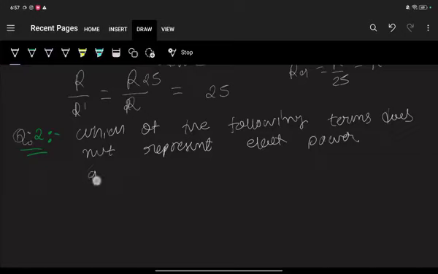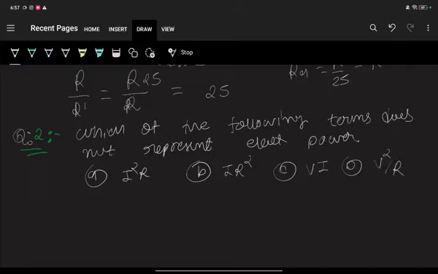Options are: first is I square R, option B is I R square, option C is VI, and option D is V square upon R. What do you think? This is just an MCQ. What will be the answer for question number 2?